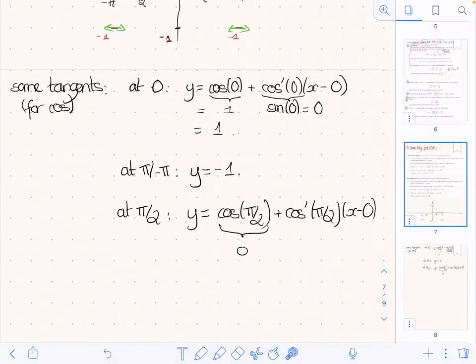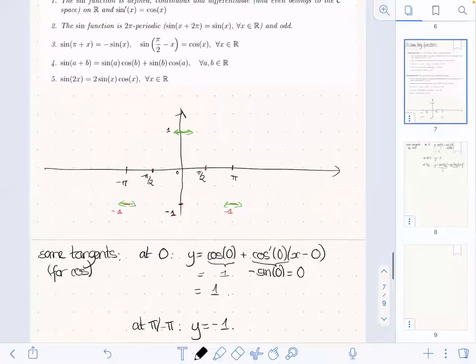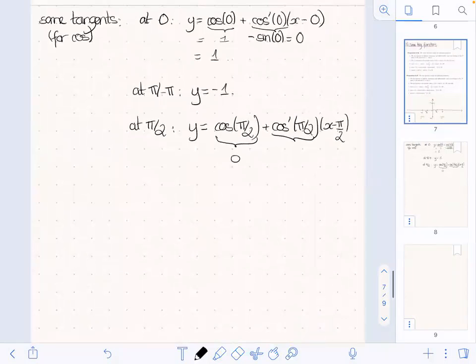Thank you for the correction. And we need cosine prime of pi over 2, which is minus sine of pi over 2.